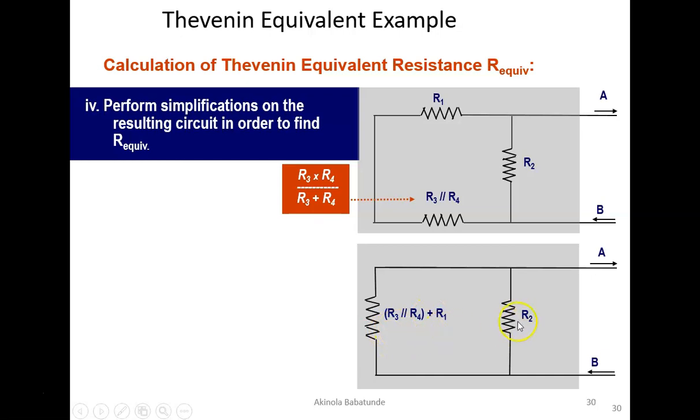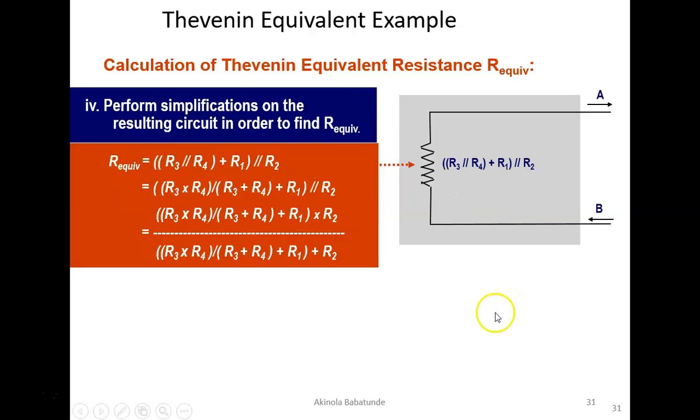Now you will see that R2 is in parallel with R3 parallel R4 plus R1, so I will treat them exactly like that. What you will find is that our R equivalent will be equal to R3 parallel R4 plus R1, parallel with R2, which is the equivalent resistance in the circuit.